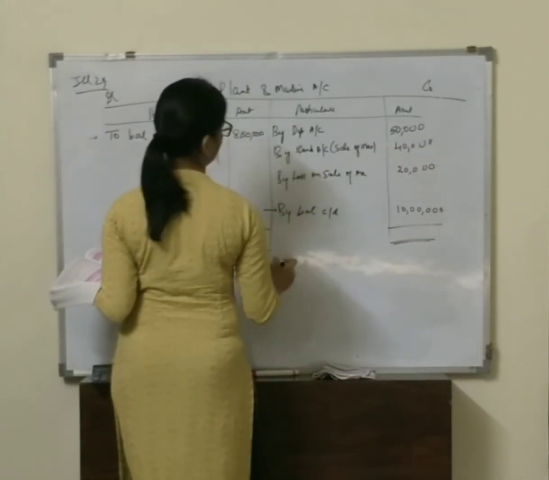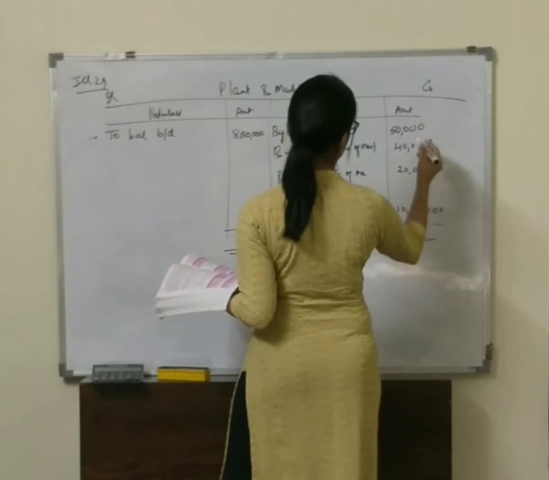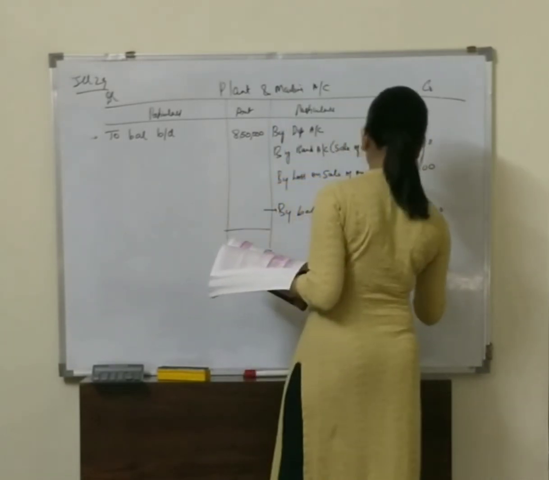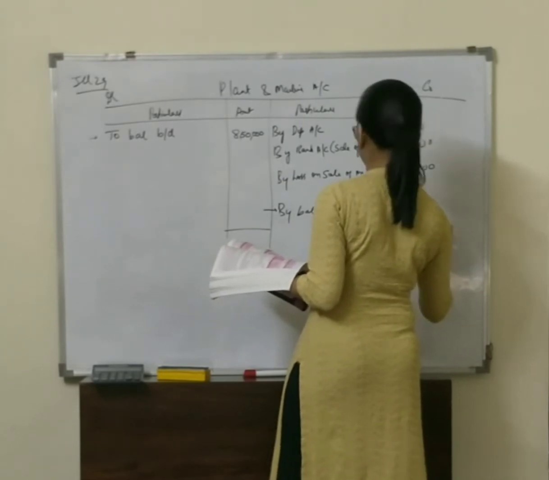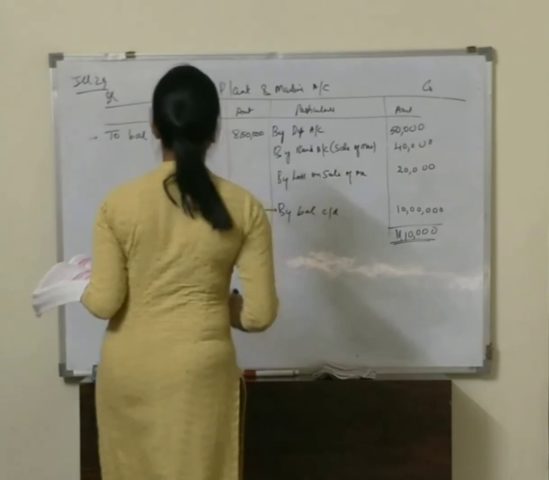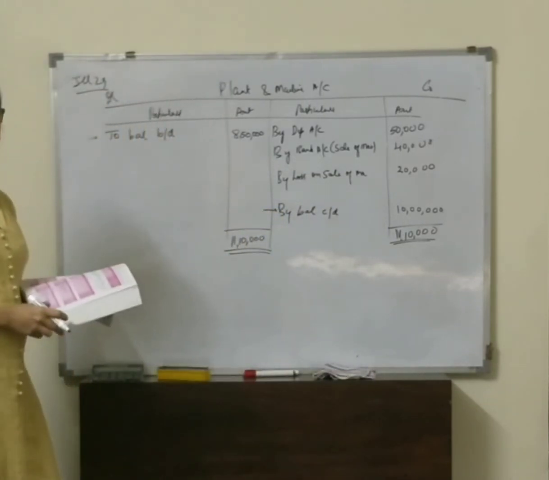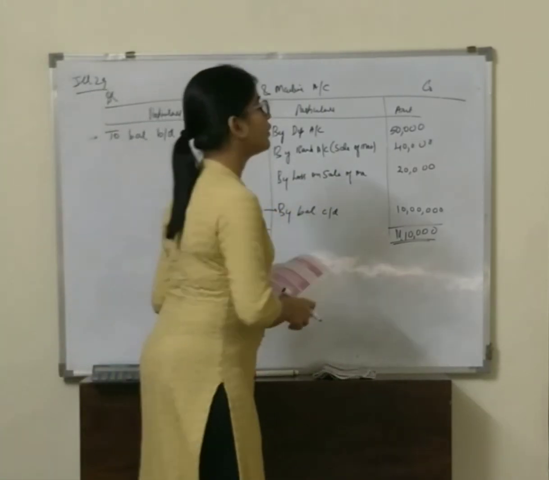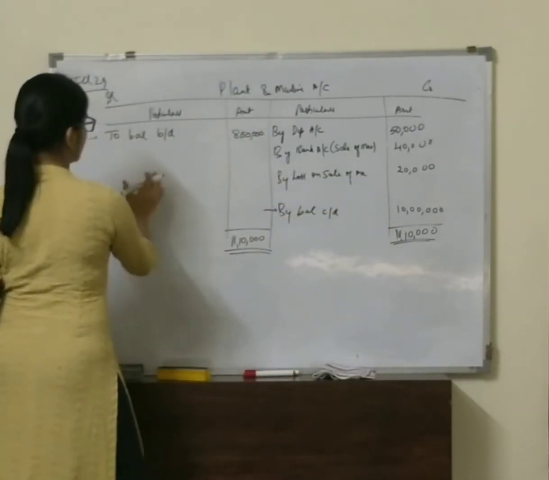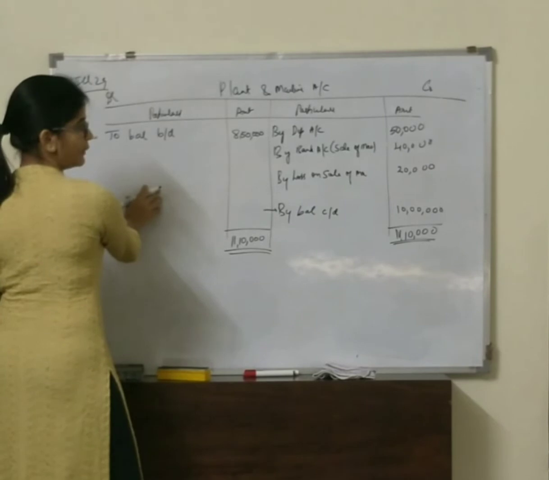Next step is we total both the sides. Which side is more we need to check. Here it is 10 lakh, 10 lakh 50, 10 lakh 90. It is 11 lakh 10,000 on your credit side. So we write that total on both the sides, 11 lakh 10,000. Whatever balancing figure we get will be our purchase or sale. If our credit side is more than the debit side, it will be purchase of machinery.